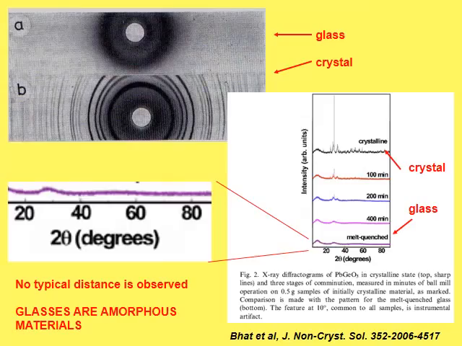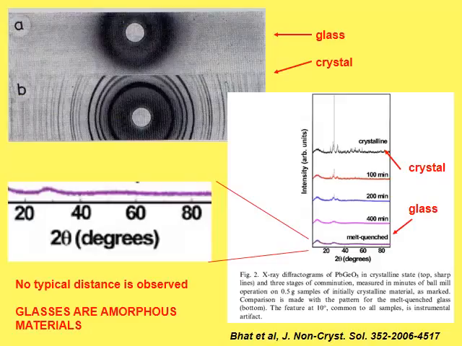This is an interesting picture I brought from a paper published in 2006 in one of the most important journals of the glasses area, the Journal of Non-Crystalline Solids. In this paper, the authors take crystalline lead germanate submitted to a high-energy ball mill.